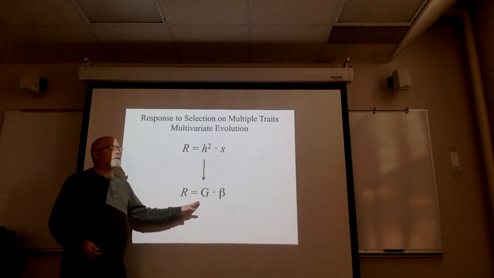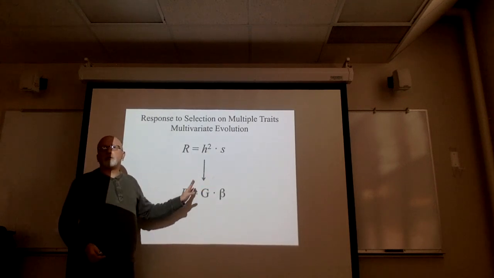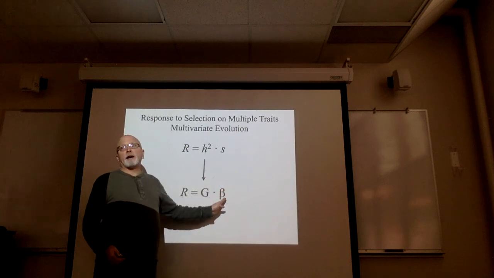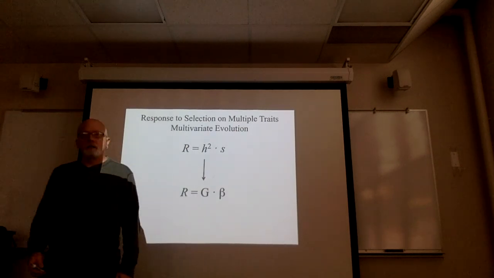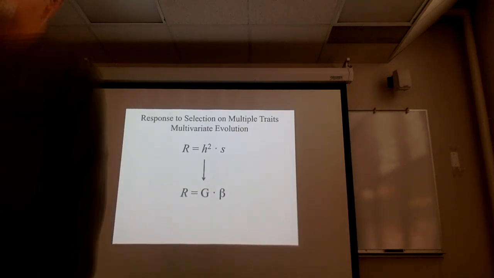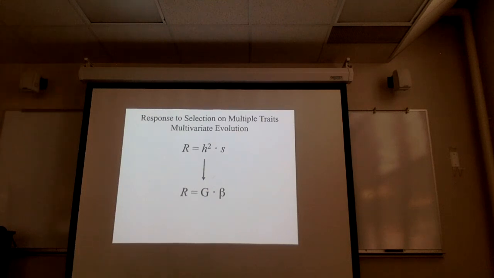Now we're going to have a matrix of genetic variances and covariances, and we're going to have a vector of selection gradients. Just don't be frightened. I'm about to show you something that might make you freak out a little bit, but relax. We're going to work through it.